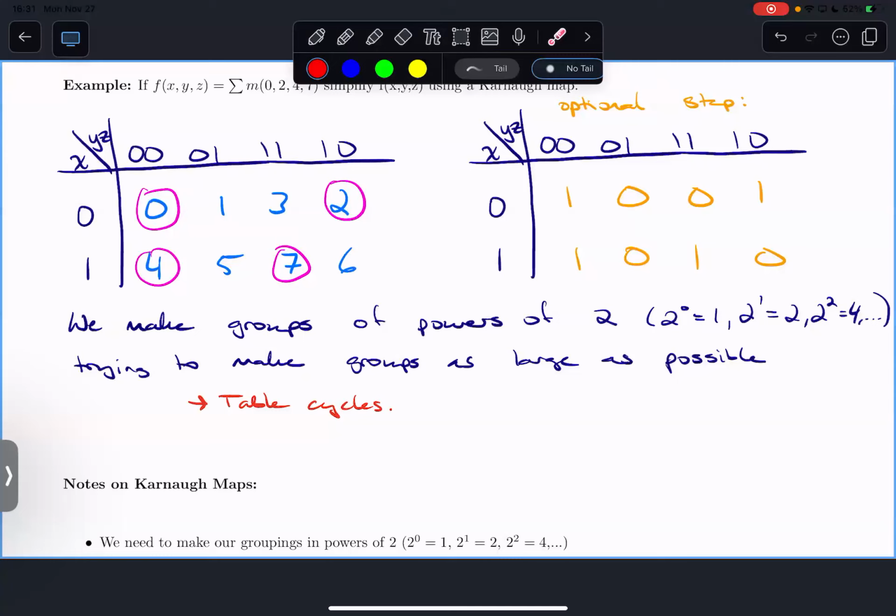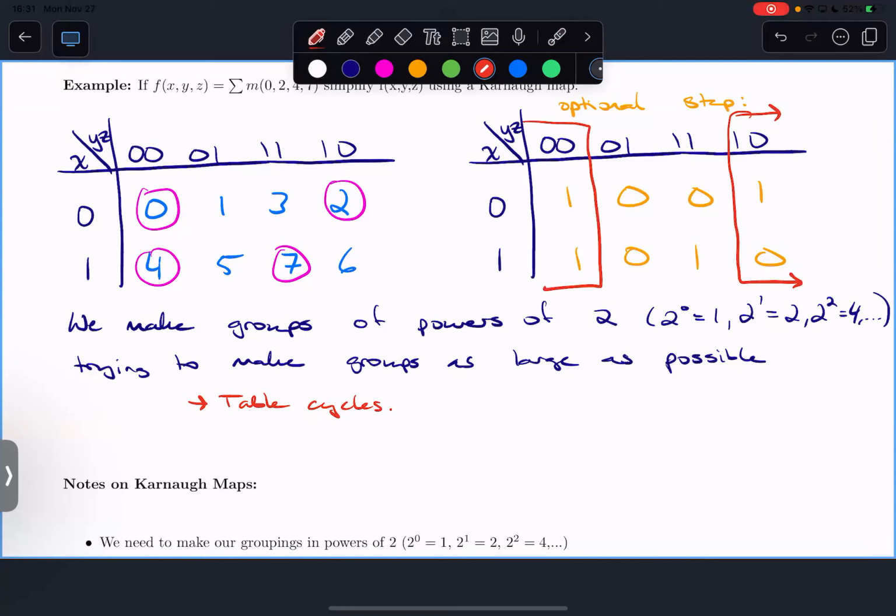Take like a toilet paper roll, make a Karnaugh map on it, groups of 4 or whatever. It's going to cycle. You could have just as well written 0, 0 following, again, only flipping one switch at a time, and then you could have cycled through. So sometimes it's not obvious. For example, you have this 1, which I can link up with this 1 to make a group of 2 next to each other.